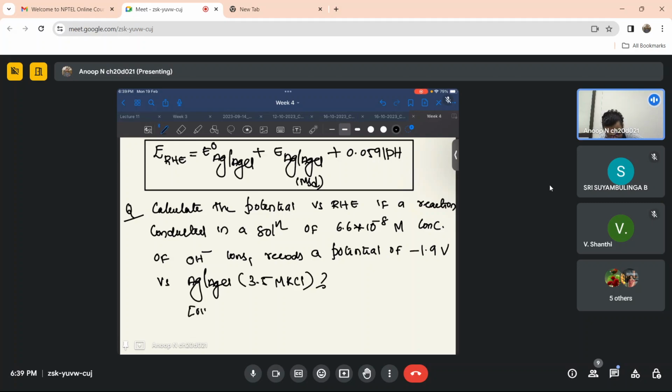OH minus concentration is given, which is equal to 6.6 into 10 raised to minus 8 molar. Is the question clear? Or should I give a little more hint?